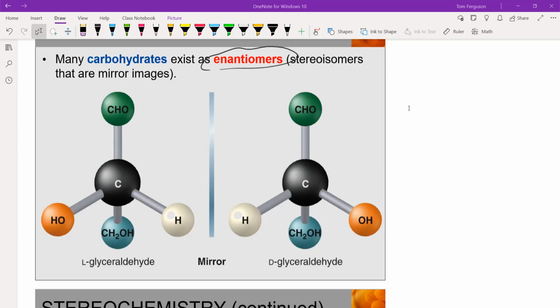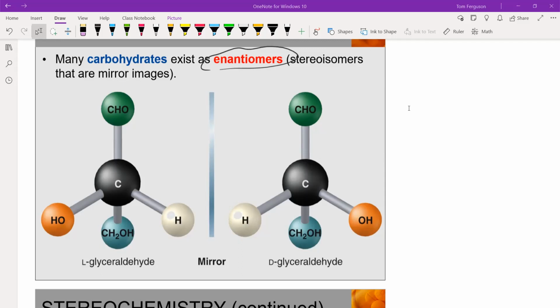And the problem is thalidomide existed as both a D and an L enantiomer. One of them reduced nausea. The other one caused horrendous birth defects. And they didn't understand why these birth defects were happening until they narrowed it down to thalidomide.